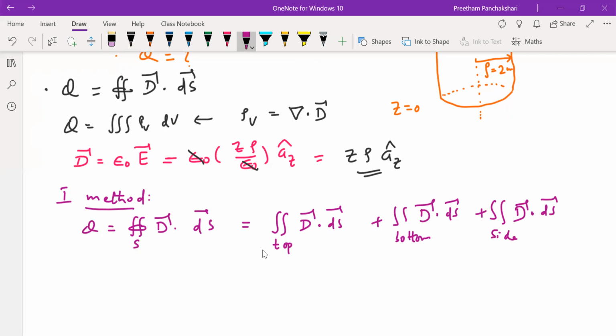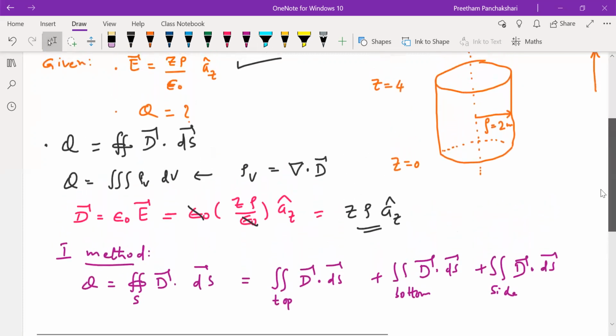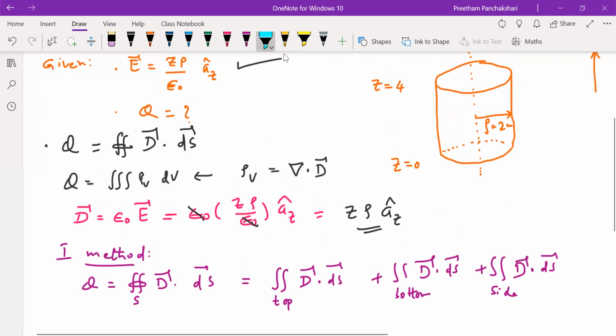How are these surfaces different? If you look at the cylinder, the top surface of the cylinder is present at z equal to 4.